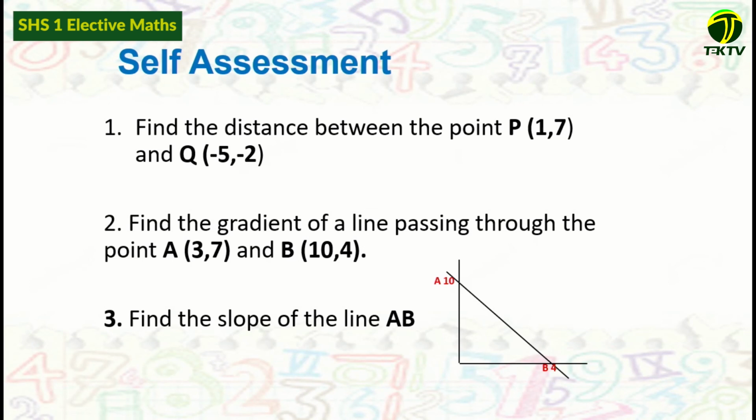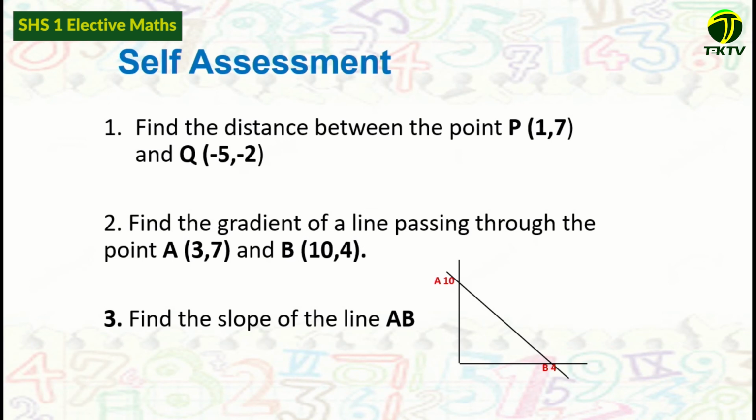First one, find the distance between the points P (1, 7) and Q (-5, -2). 2. Find the gradient of a line passing through the points A (3, 7) and B (10, 4). The last one is find the slope of the line AB.